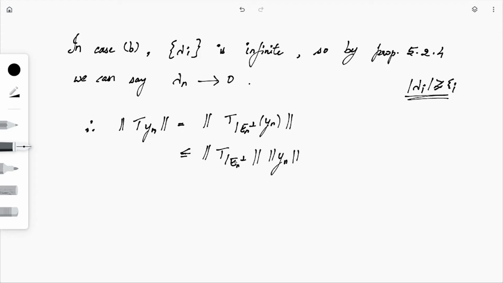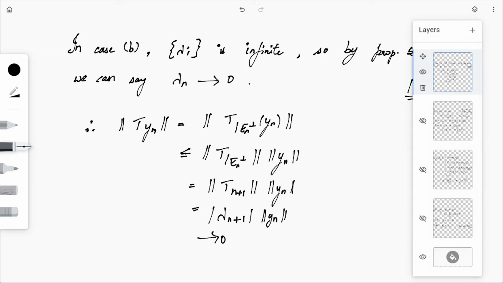And the norm of T restricted to en orthogonal, by our theorem, is nothing but the norm of Tn plus 1 into the norm of yn, which by our theorem is mod lambda n plus 1 into the norm of yn. Now lambda n is a sequence tending to 0, so I can say that the norm of T of yn tends to 0, where yn is an element of en orthogonal.